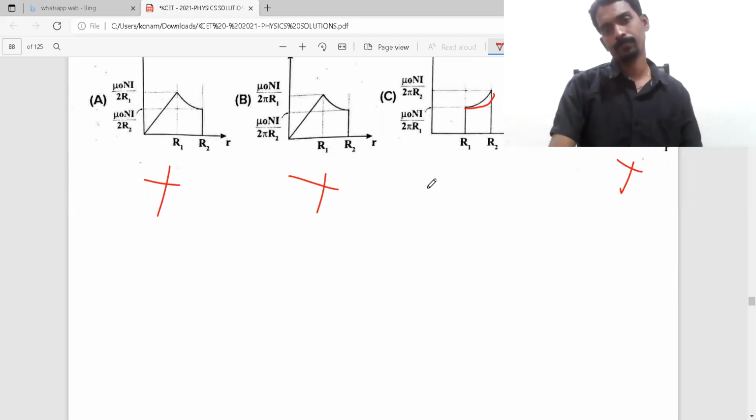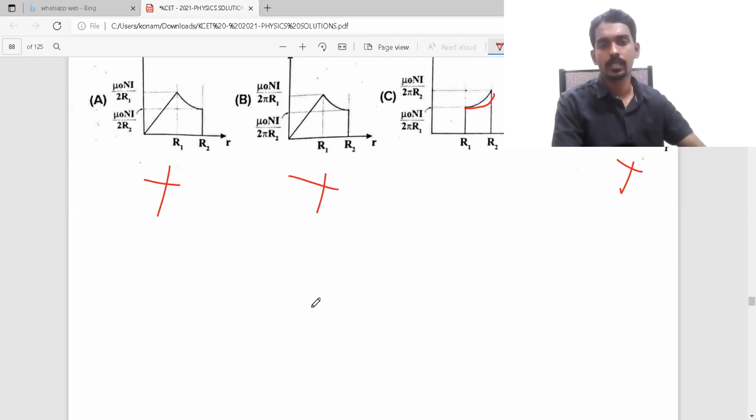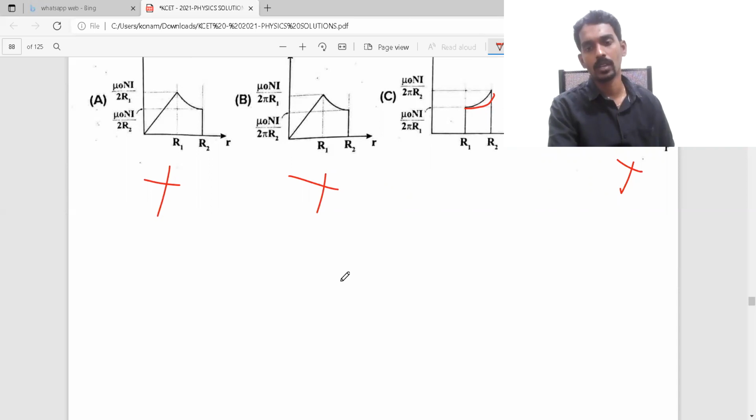So let's see, once again I'll try to check which is correct. I'll send you what it is exactly, but I still have a doubt, because as R increases, B should decrease, but here the graph is given as increasing, R1 to R. So it may be this graph.